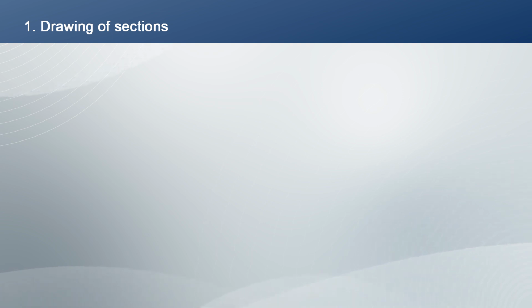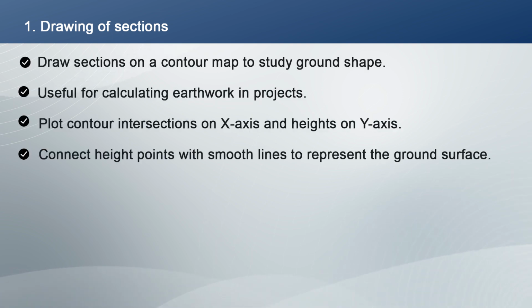First is drawing of sections. On a contour map, sections in any direction may be drawn to study the general shape of the ground. Such sections are also required for calculating the earthwork needed for road, railway or canal projects. Let it be required to draw a section along the line PQ.